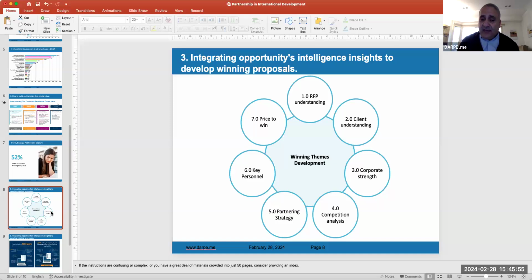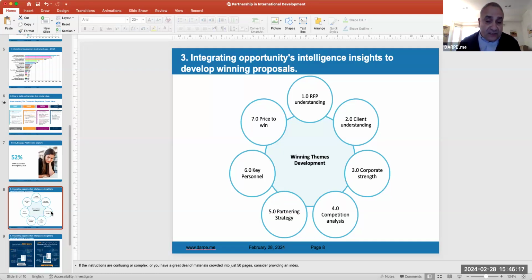Then the fifth item is your partnering strategy, if any. The sixth part of a winning proposal is to propose the right key personnel: the project manager, deputy project manager, the training specialist, the M&E specialist.